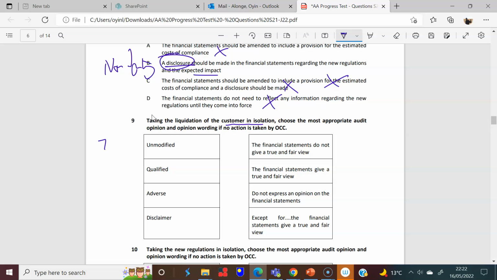The figure of 70 is 0.7%. So that in itself means it's immaterial, it's irrelevant. So the accounts are still true and fair as they are, and we're giving an unmodified opinion. This was the last thing we covered in our classes, didn't we, last week? So we have an unmodified scenario.